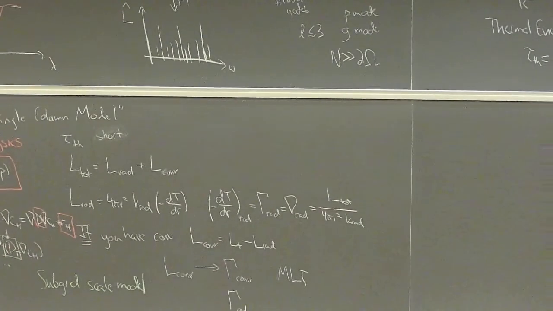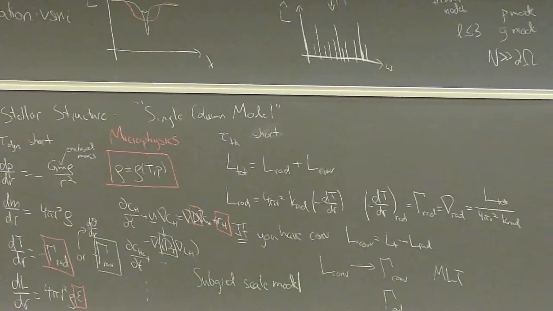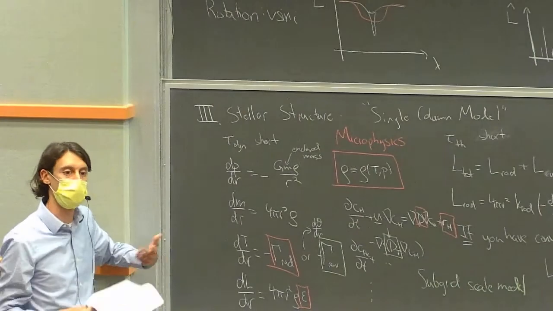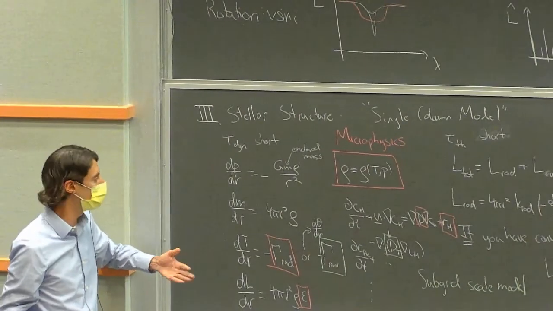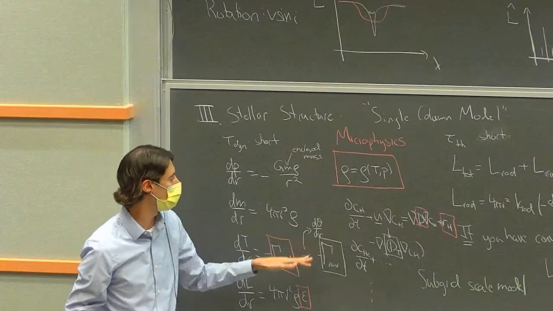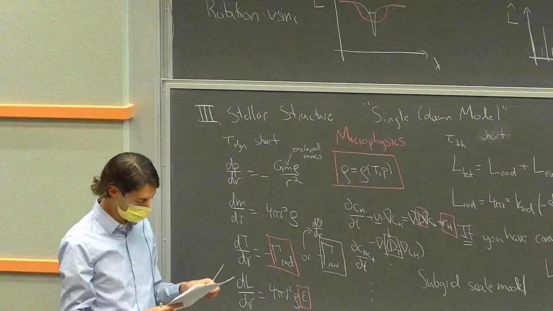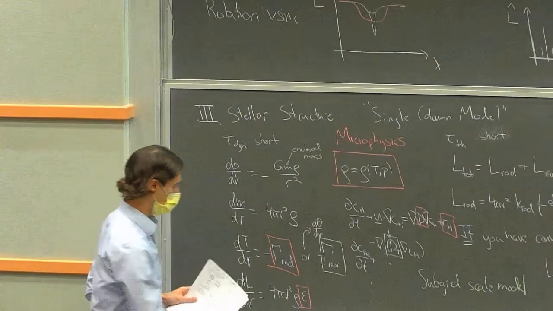These are things that should really come from multidimensional simulations, or at least from some multidimensional theory, and that needs to be parameterized and then put into these stellar structure models.